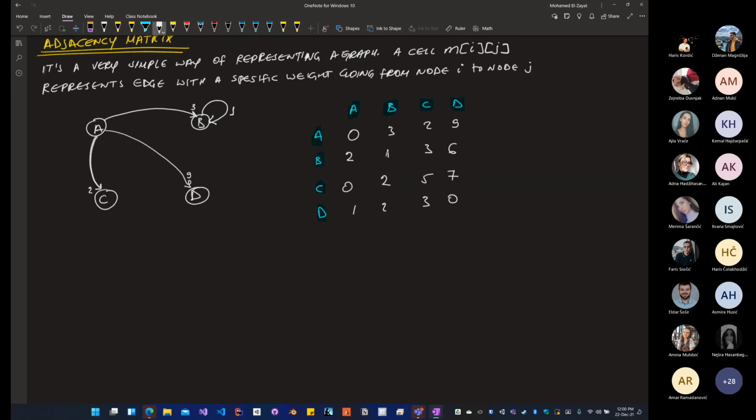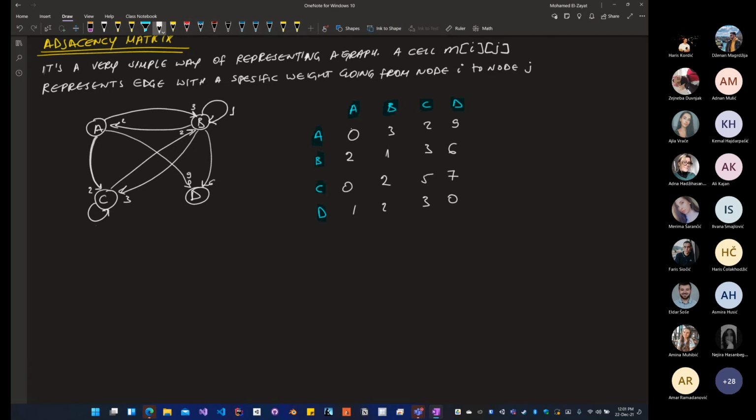Right now you can just have fun with this. B with B is 1, already written there. B with C is 3, and B with D is 6. C doesn't have any connection to itself, nor D, so C is 0, 2 with B, which is going to be 2, 5 with C. Oh, C with C is actually connected to itself, sorry. C with C, forgot about that, so there we go.